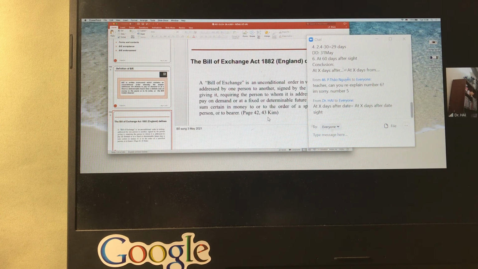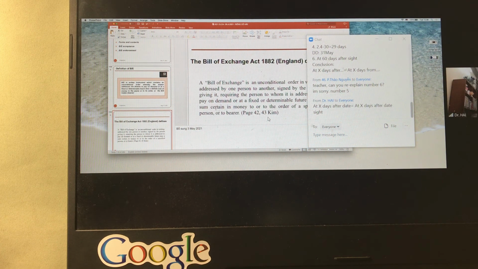So now, come back to the definition. Look at the definition again. At a fixed or determinable future time, a certain sum, a sum certain or certain sum in money. Okay, so what's the meaning of certain sum or sum certain?